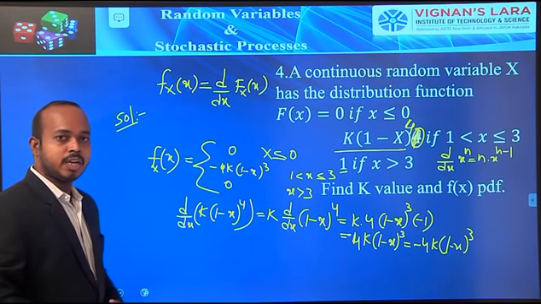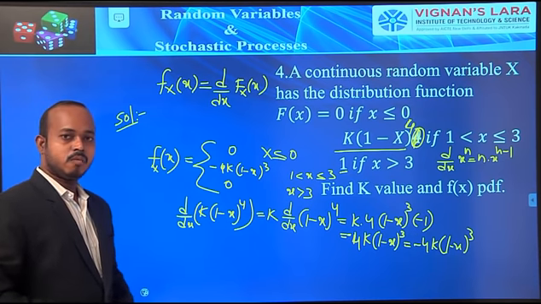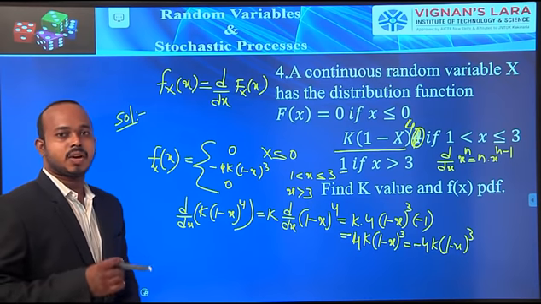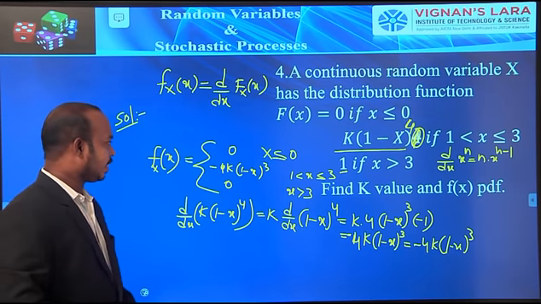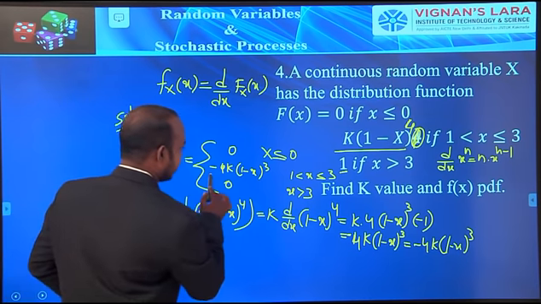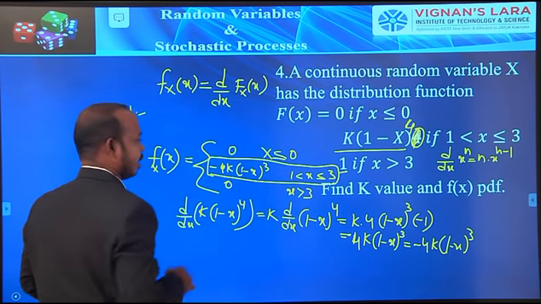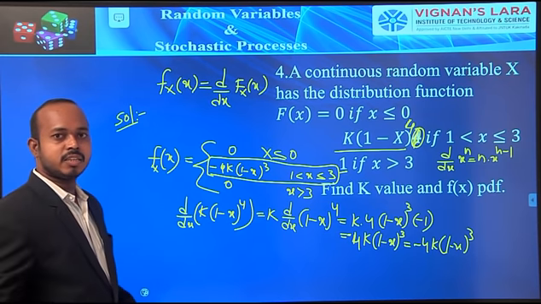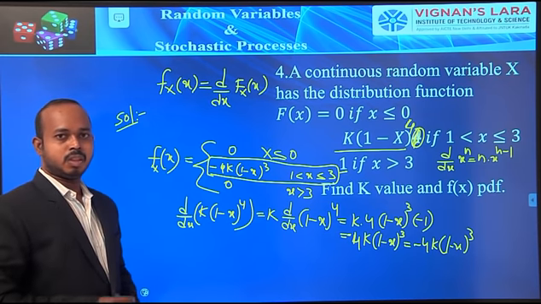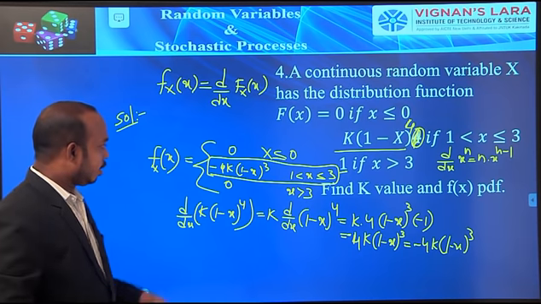Now we are able to find the k value. How to find the k value? Here we take the second function value for finding the k value. We have the fundamental property in density function.